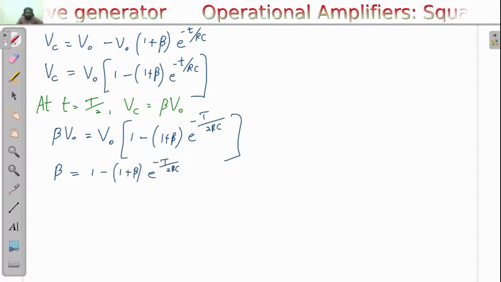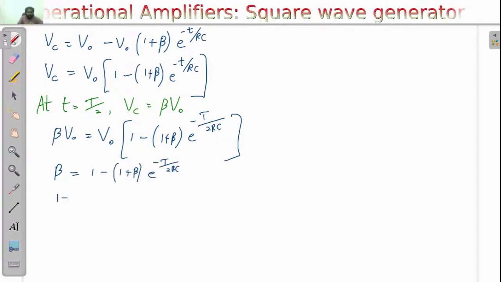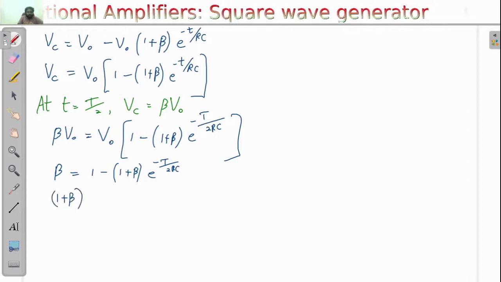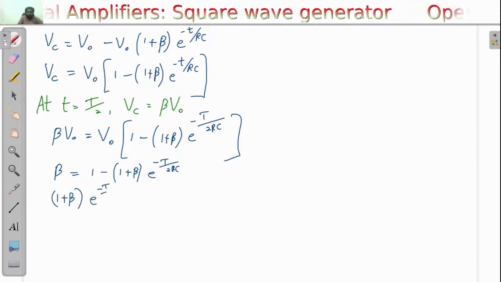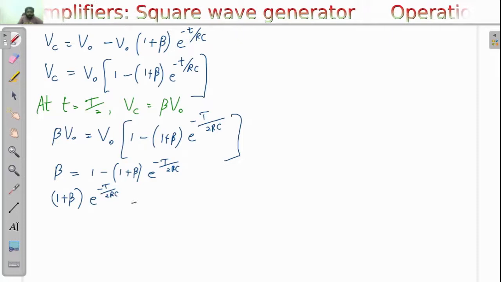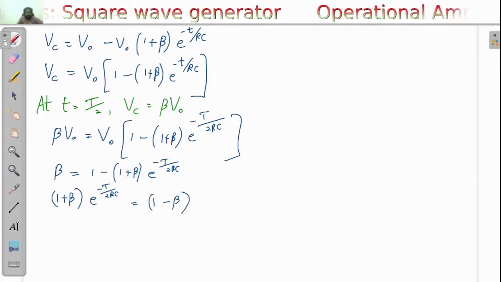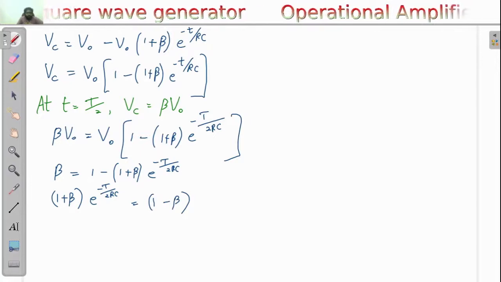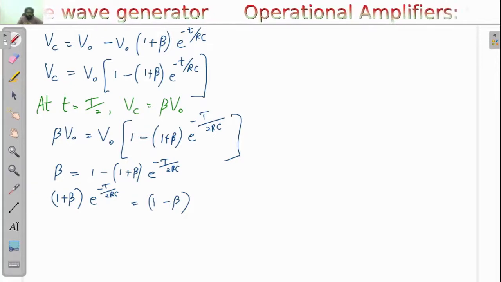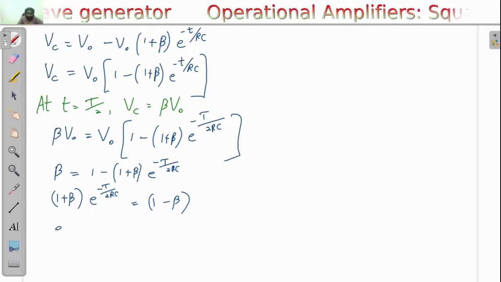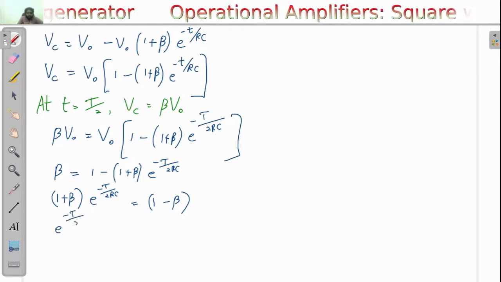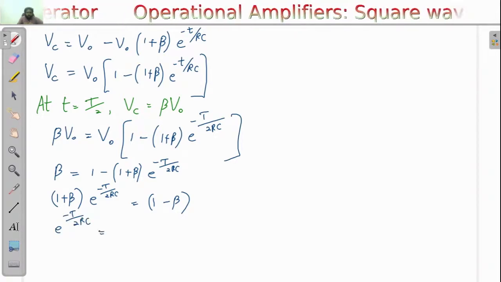We need to get this e raised to minus T by 2RC on one side: (1 plus beta) e raised to minus T by 2RC equal to 1 minus beta. We can take this 1 plus beta to the other side, so e raised to minus T by 2RC equals (1 minus beta) by (1 plus beta).